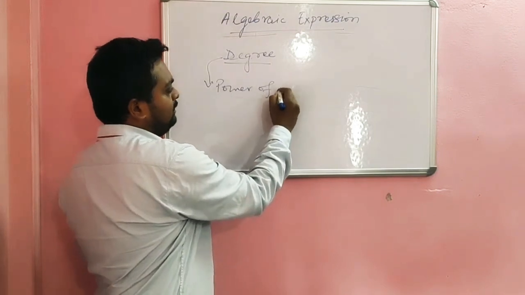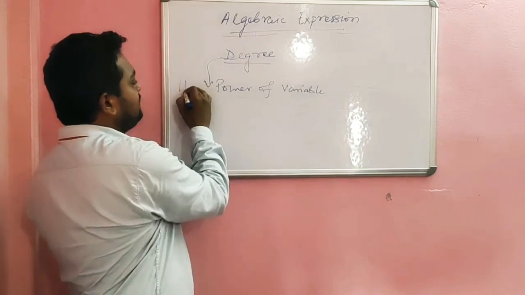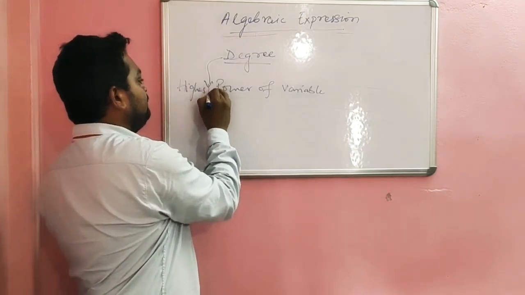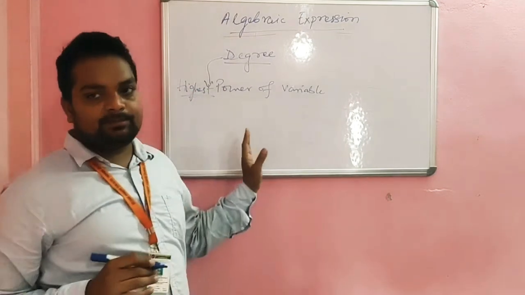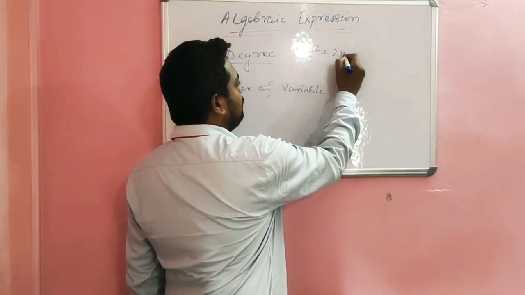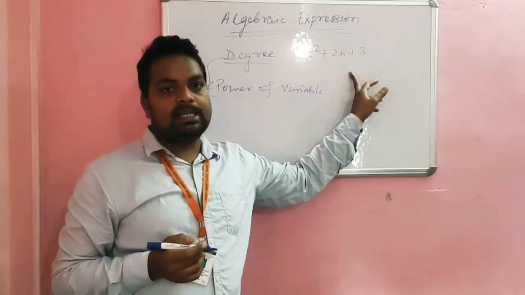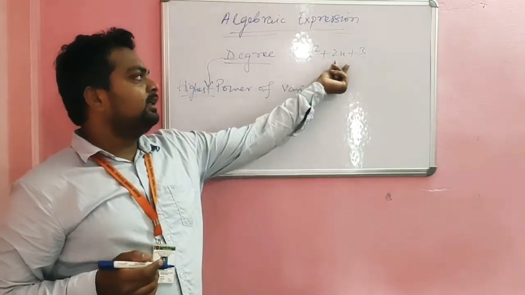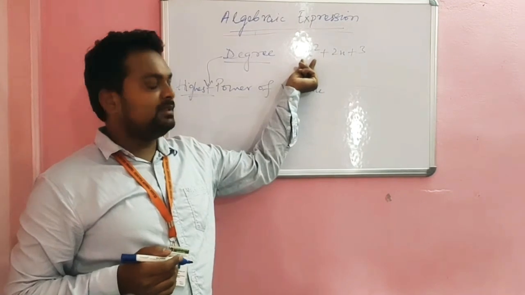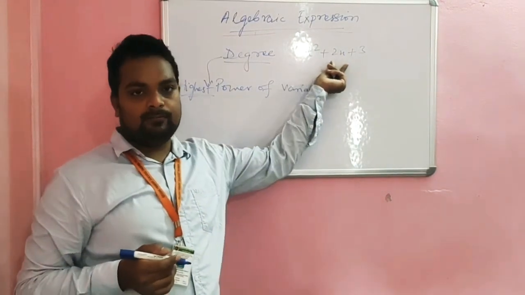Power of the variable. Actually the highest power of the variable. Suppose the expression is x square plus 2x plus 3. Here x is present 2 times, but this x has a power of 2, and this has a power of 1.